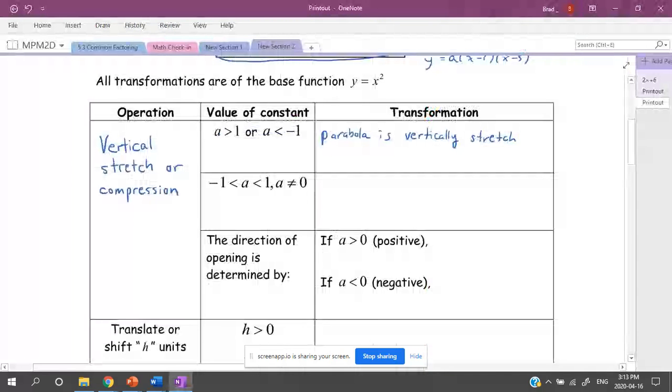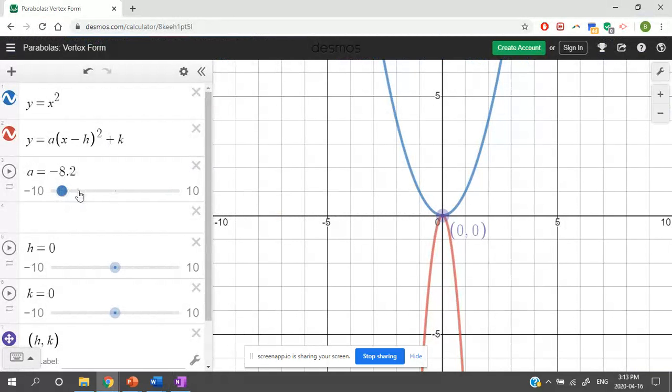If A is between -1 and 1, so it's like 0.5 or -0.7, then the parabola is vertically compressed. I like to imagine this, at least for the positive numbers, as the arms of the parabola pointing upwards, and as the weight increases on it, it's being compressed.